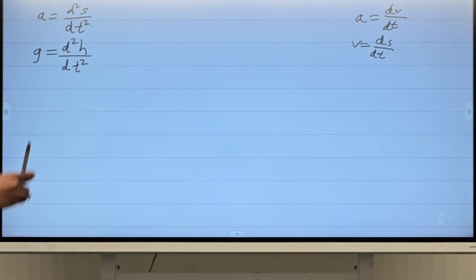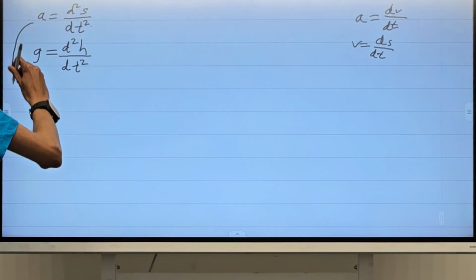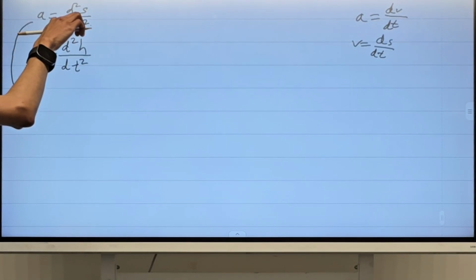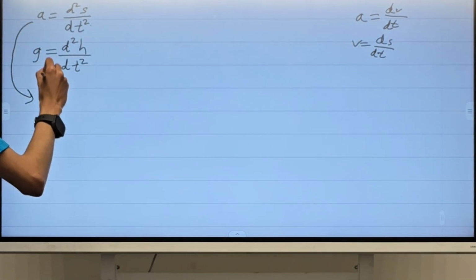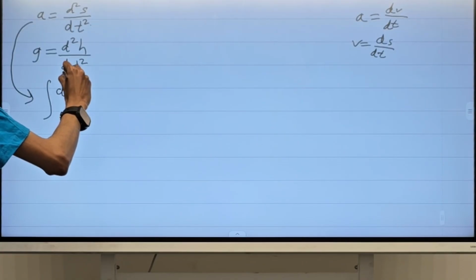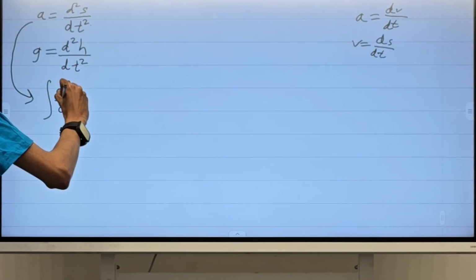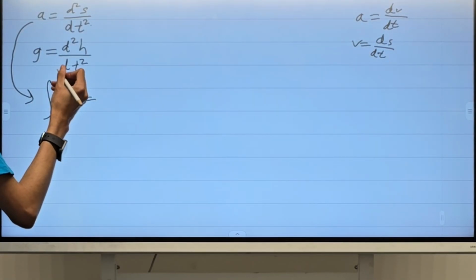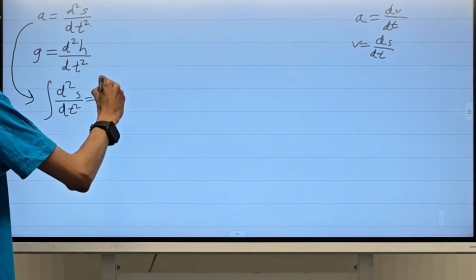We can take this and integrate both sides. So we get the integral of d squared s over dt squared is equal to the integral of a.